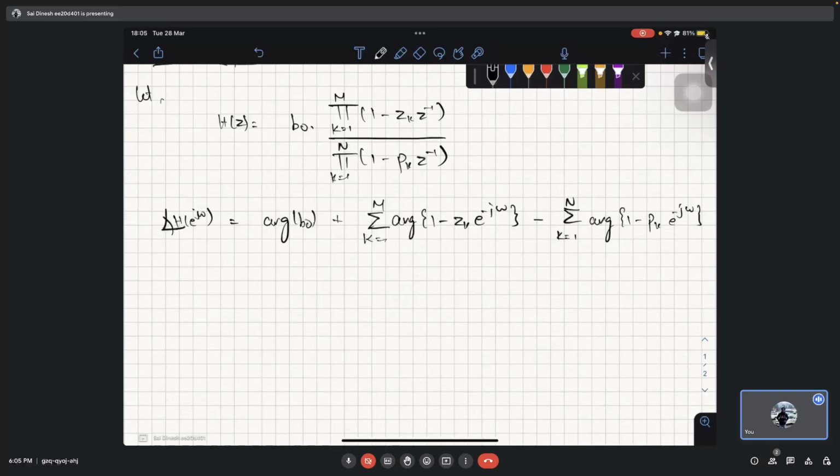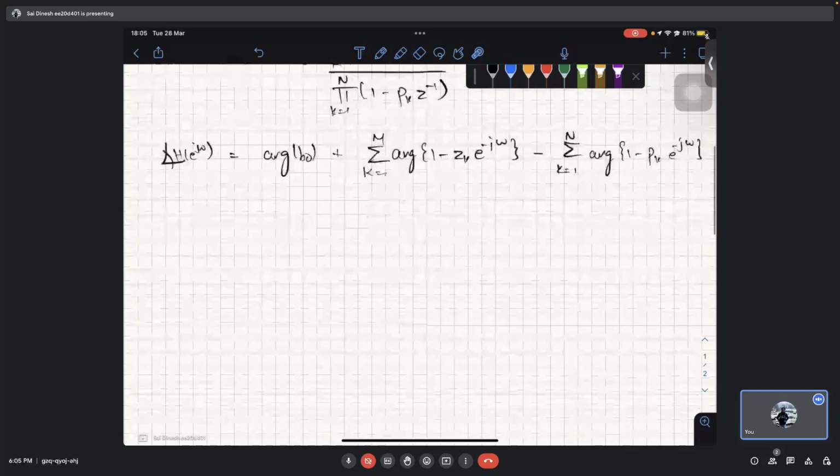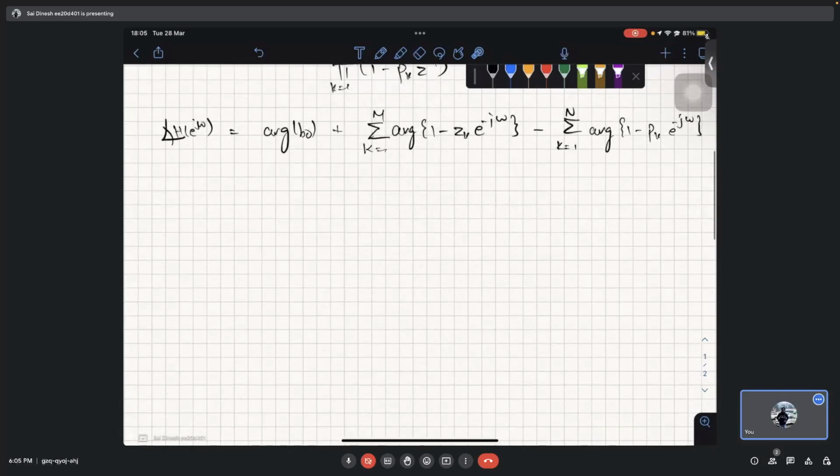The zk's are zeros and the pk's are poles. The phase response from each zero and each pole is involved as a summation. Whenever we add a new zero or a new pole, its phase response is added to the phase response of the existing system, right?